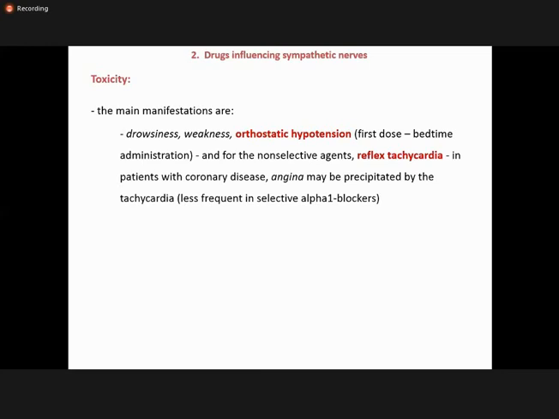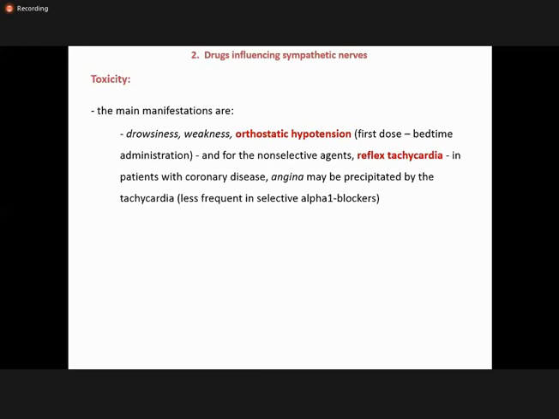Why? Because when there is a change in the posture, alpha 1 receptors are stimulated, and due to vasoconstriction, it will prevent the sudden fall in the blood pressure.